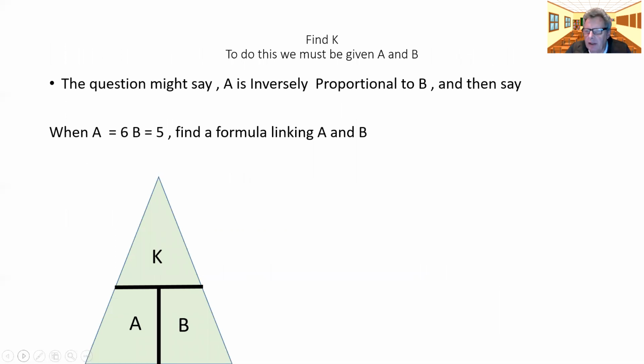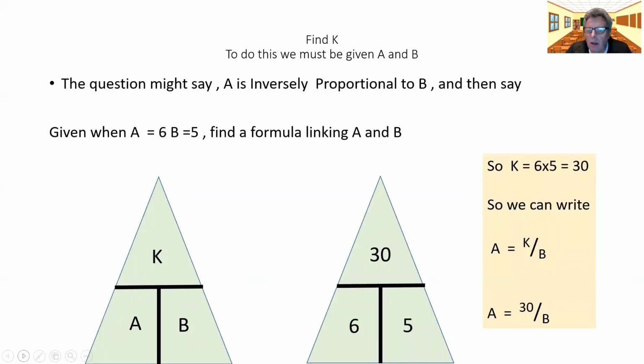So in this example, we want to find K. Question says, A is inversely proportional to B. Which means I can draw the triangle with just K, A and B in it. Then when A is 6, B is 5, I want to find a formula linking A and B. So I can put 6 and 5 directly into the triangle.